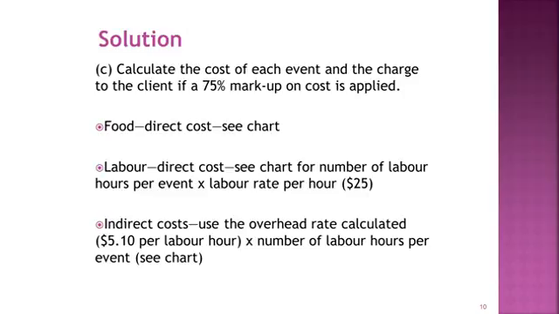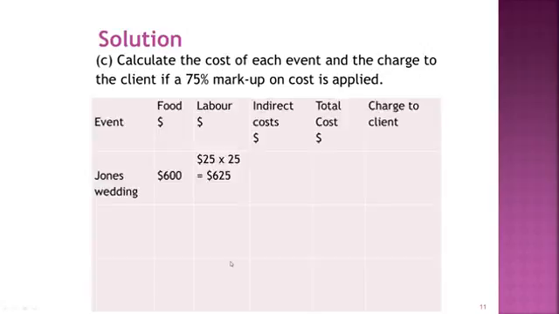And for the indirect costs, we're going to use the overhead rate calculated, $5.10, times the number of labour hours per event. So we're going to slot this all into our table.